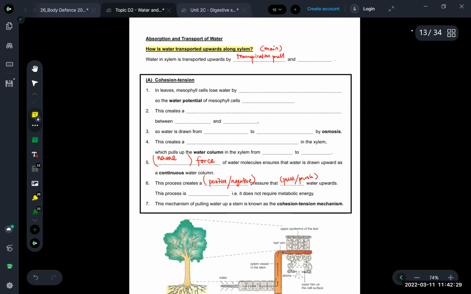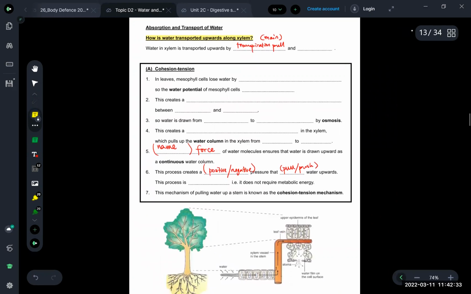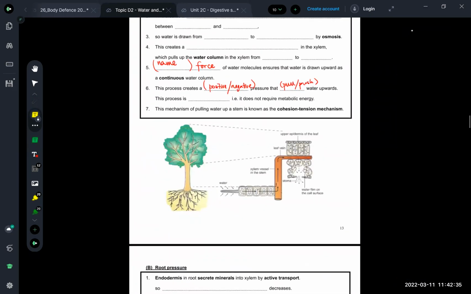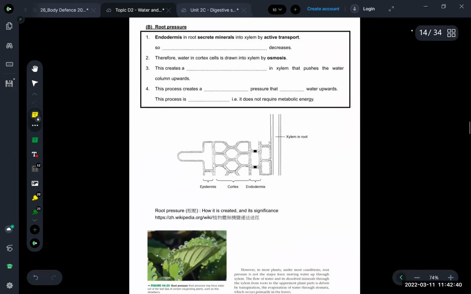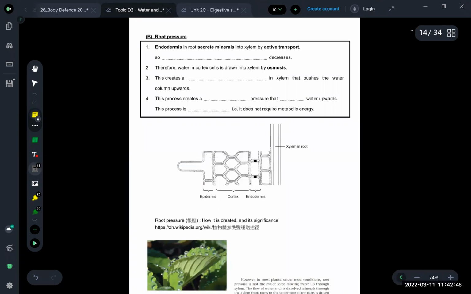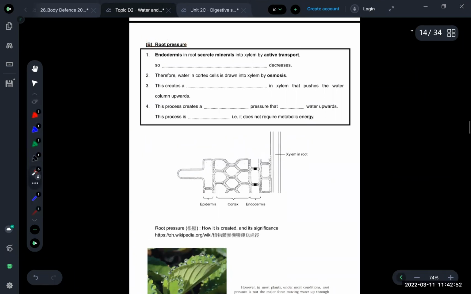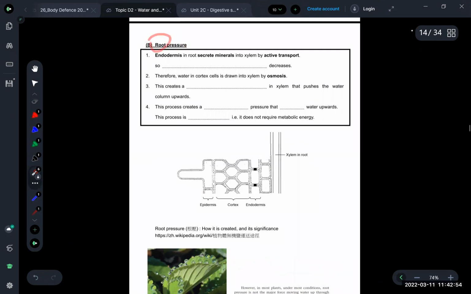Well, scientists think there is another possible process that also helps water to move up in the xylem. And that is known as root pressure.